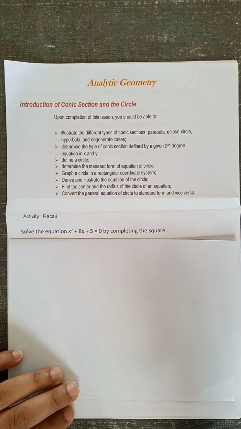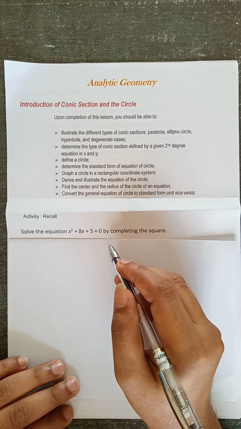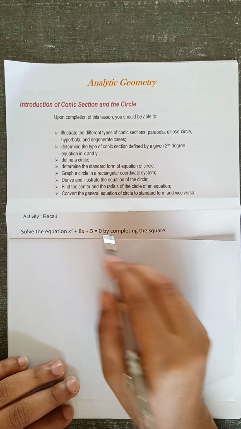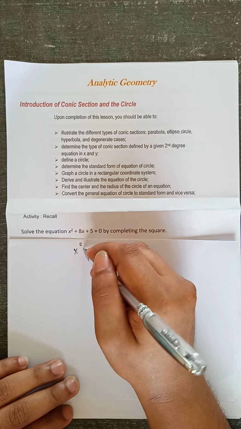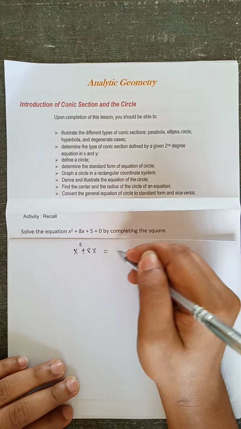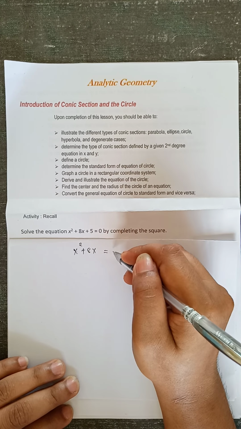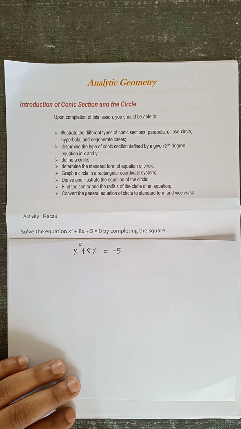So by completing the square, what we will do is transpose the constant 5 to the other side. So this will become x squared plus 8x equals, since we transposed it, positive will become negative 5.